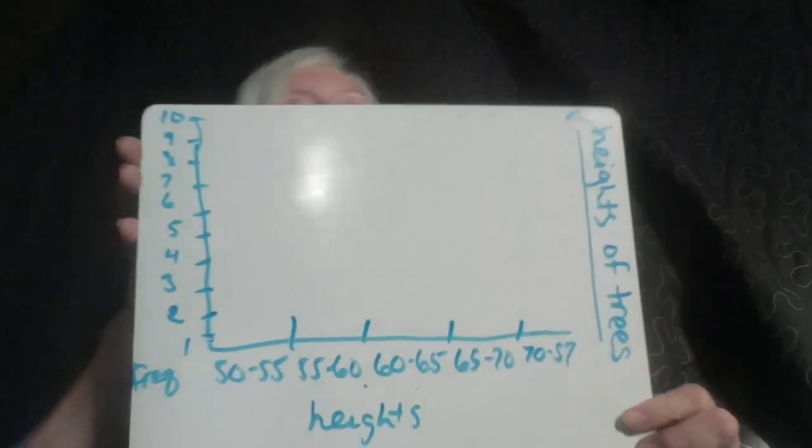Along the side, I'm going to label 1 through 10. These are the heights, these are the frequency. Make sure you label. Heights of trees is the title of my graph. And that's how you set it up.